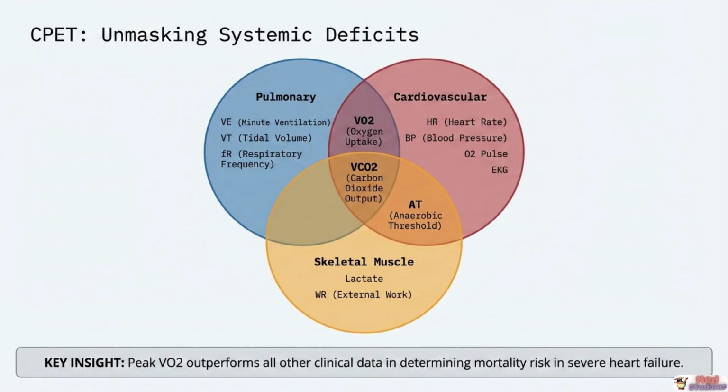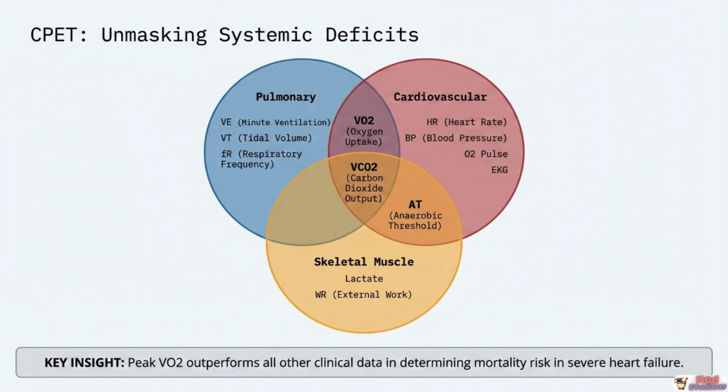Cardiopulmonary exercise testing is the most physiologically comprehensive non-invasive test available in clinical medicine. It simultaneously interrogates 3 organ systems at once: pulmonary, cardiovascular, and skeletal muscle. From the pulmonary domain, CPET captures minute ventilation, tidal volume, and respiratory frequency, parameters that reveal ventilatory inefficiency or mechanical obstruction during exertion.